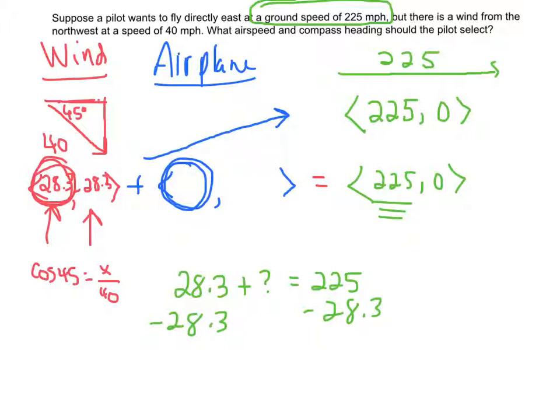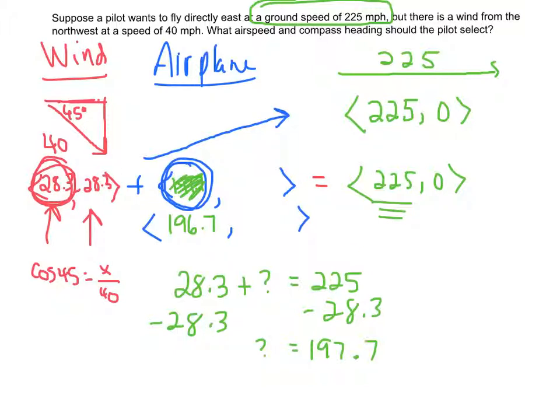When I do that, that tells me that the x coordinate of our vector is going to be 197.7. Oops, sorry, I did my math wrong. Not 197.7. It's 196.7. I can't erase that. 196.7. Sorry about that.